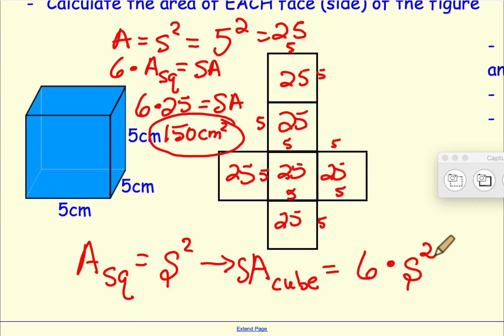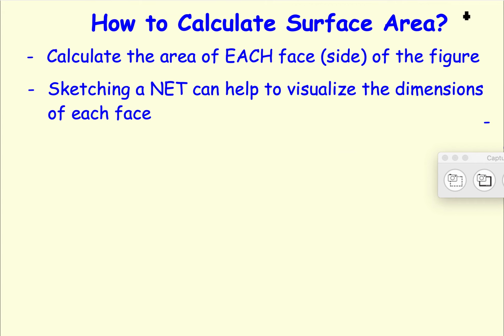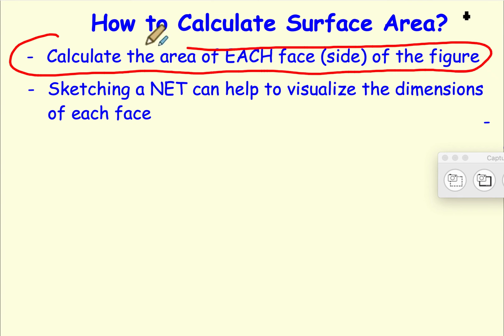So let's go ahead and look at what we would do for other figures. Our ultimate goal every time we want to figure out the surface area is to calculate the area of each face or side of the figure. Sketching a net can help us visualize the dimensions of each face, which can help us with calculating those areas.